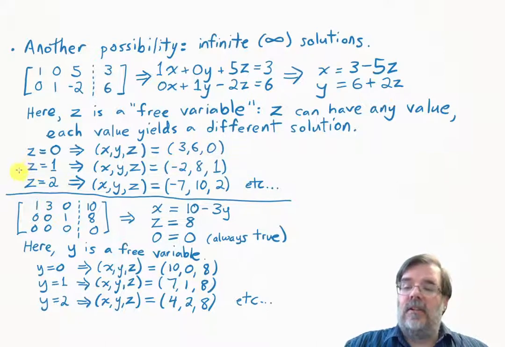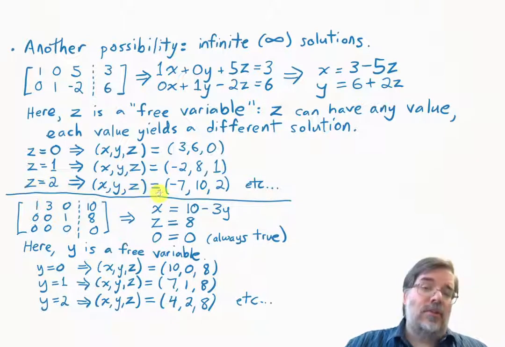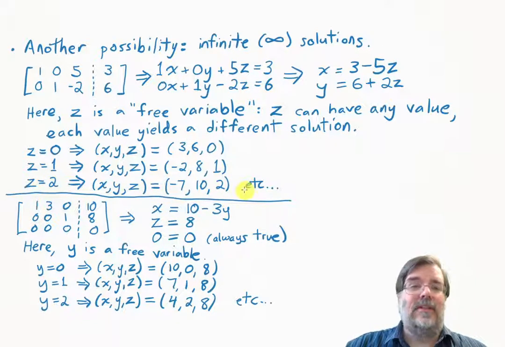Now, similarly, you could let z equal 1, plug that into your equations to find x and y, and you'll find that you have the point (x, y, z) equals (-2, 8, 1). Or you could plug in z equals 2 and get another point, etc. Again, infinitely many choices for z will give you infinitely many solutions to the corresponding equations.